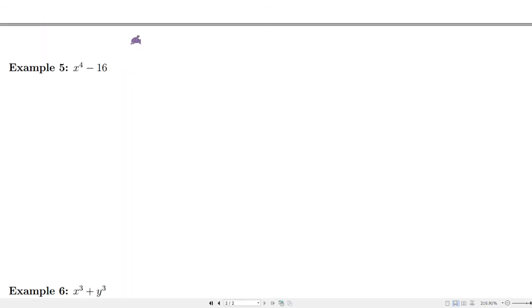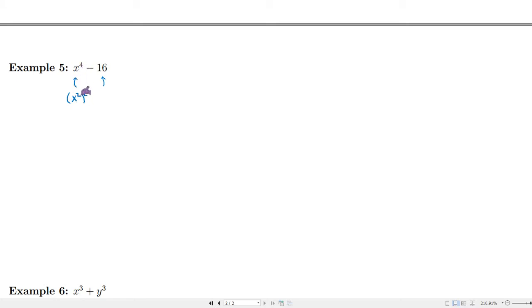This next example, we have a fourth power of x, and we have minus 16. Is this actually a difference of two squares? Can you write each of these as squares? Well, x to the fourth is just the square of x squared, right? x squared times x squared is x to the fourth.